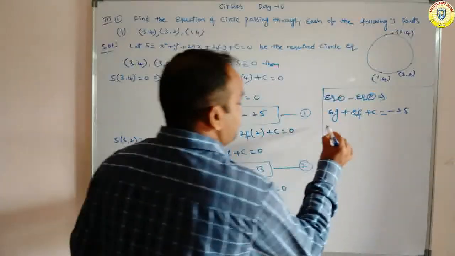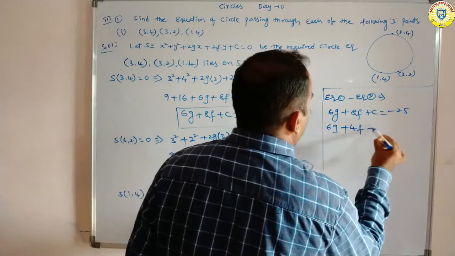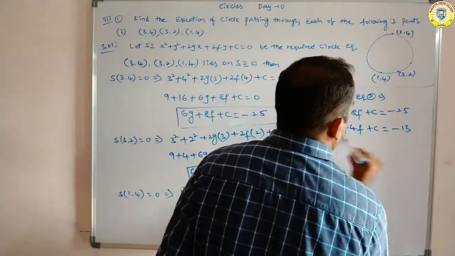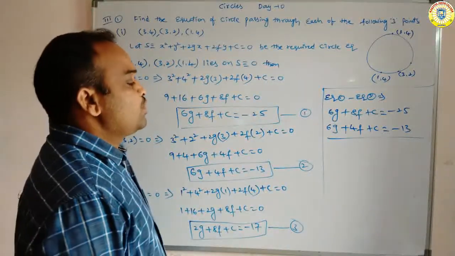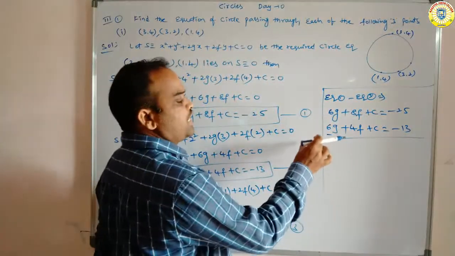Equation 2: 6g plus 4f plus c is equal to minus 13. Okay? So now we are subtracting. If you are doing subtraction, the signs will be changed.